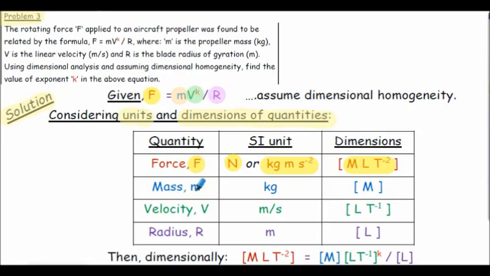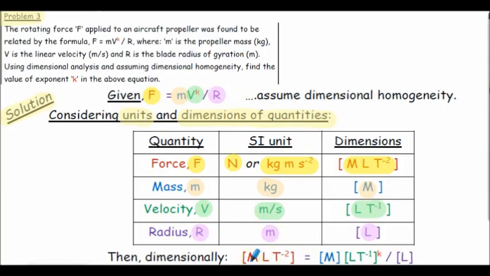The mass, lowercase m here, base unit the kilogram, in dimensions that's capital M. The linear velocity v, base unit meter per second, or meter second to negative 1, dimensions LT negative 1, and finally the radius, capital R, SI unit of the meter, so dimension is L. So we can now write the above formula for F in terms of the dimensions.